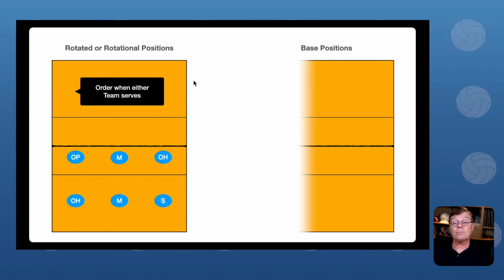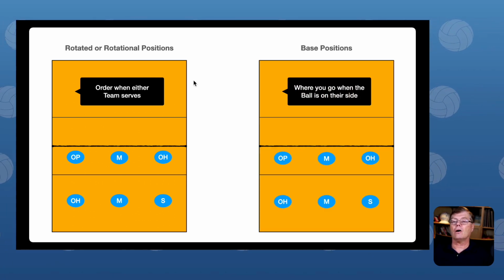Now, base positions, on the other hand, are where you go when the ball is on their side. So we have specific defensive positions that we want you in that then become offensive positions if the ball comes on our side that we want you to go to for defensive and offensive purposes, and they're not in rotation.